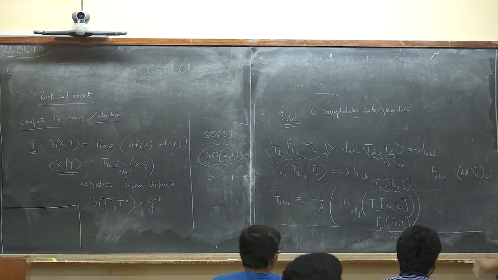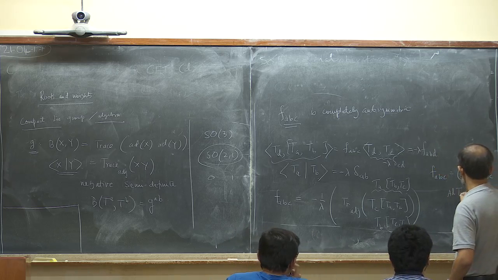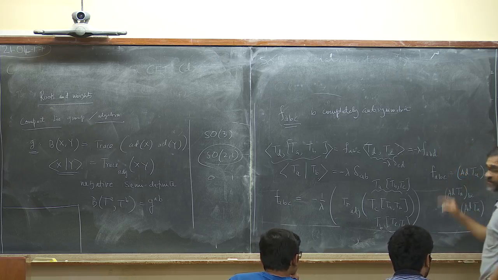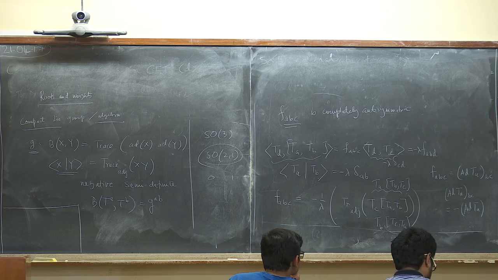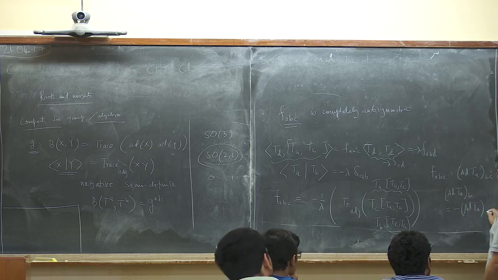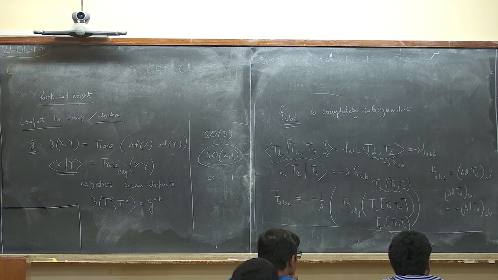By using the antisymmetry property, we found that this is the same as minus (ad T_A) transposed. And these f_ABC, as we emphasized in the first lecture, can be taken to be real, because we can take a real Lie algebra here. That was the big deal about taking the antisymmetric combination instead of i times it. The f_ABC are real structure constants, and therefore these are real objects. So therefore the adjoint representation matrices are anti-Hermitian.